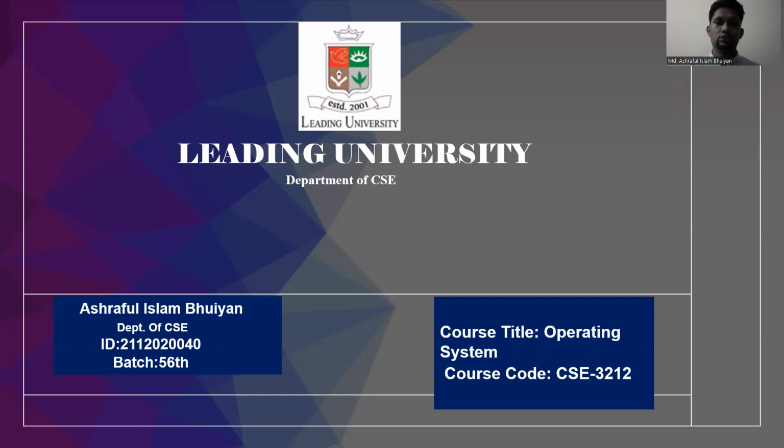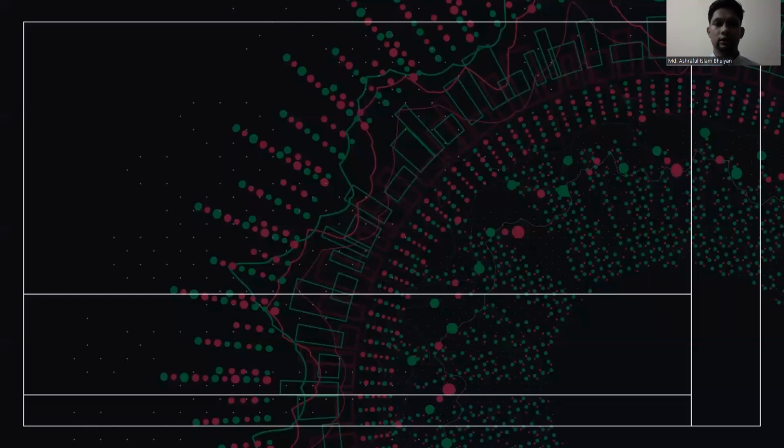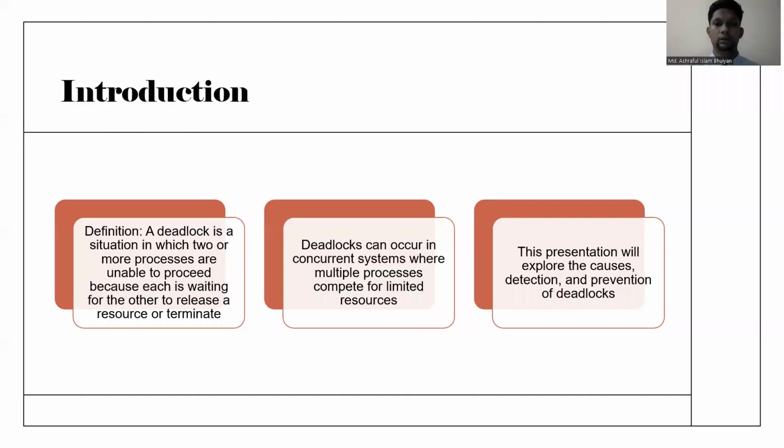Today my presentation topic is deadlock. First of all, I'll talk about what deadlock is. Deadlock is a situation in which two or more processes are unable to proceed because each is waiting for the other to release a resource or terminate.